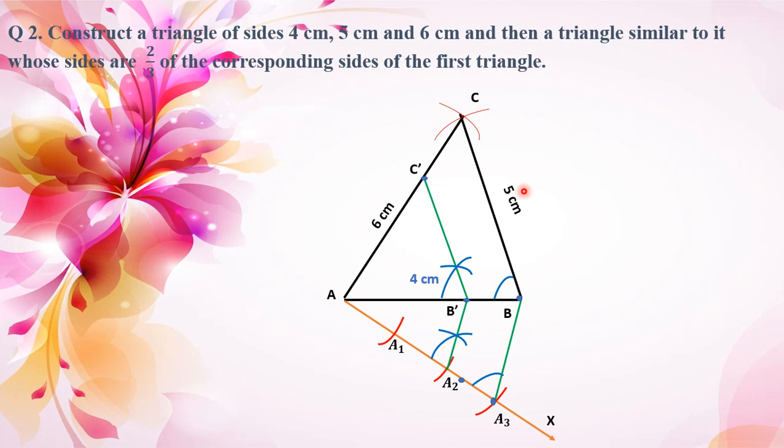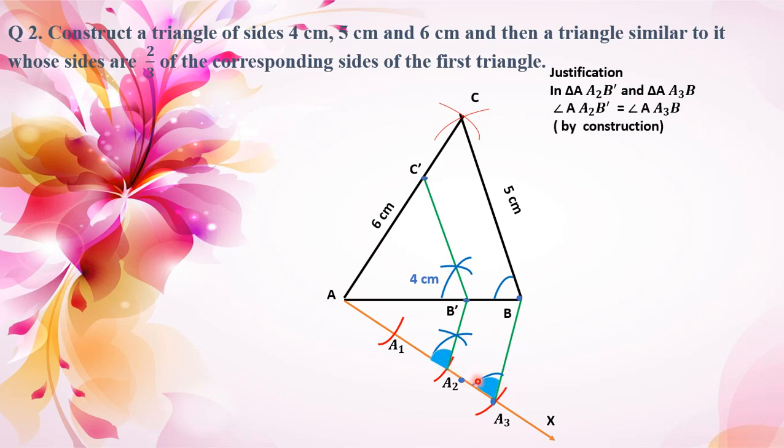So for justification, we take the two triangles, triangle A A2 B dash and triangle A A3 B. In these two triangles, as we have drawn A2 and A3, these two angles are of the same measure, so they are equal, and angle A is common in both triangles. So by AA similarity, the triangles A A2 B dash and A A3 B are similar.